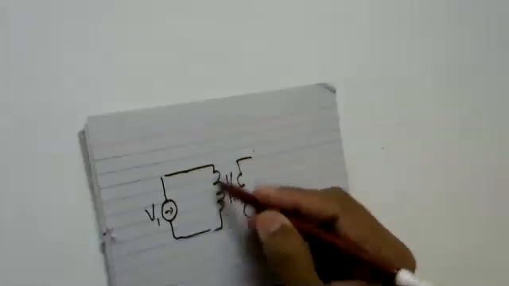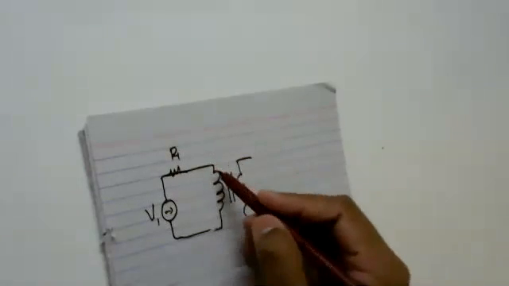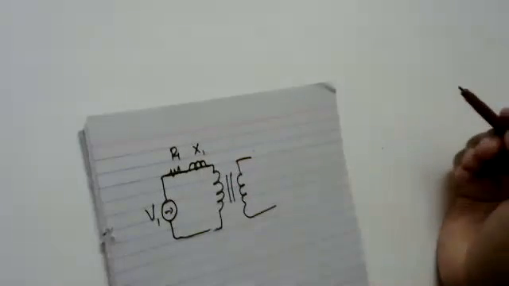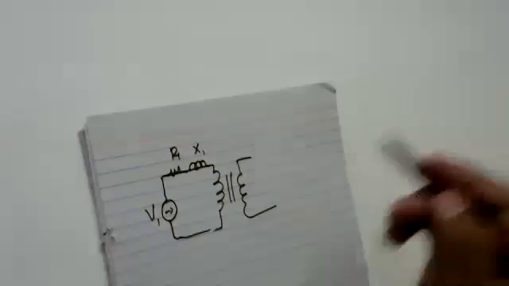Okay. Then, in case of this primary winding, you know that this winding has some internal resistance denoted by R1. The leakage flux is shown with the help of this component X1.